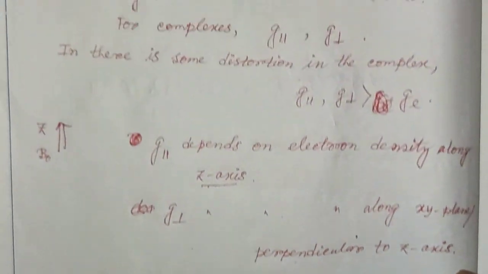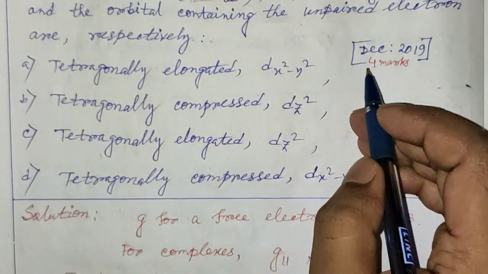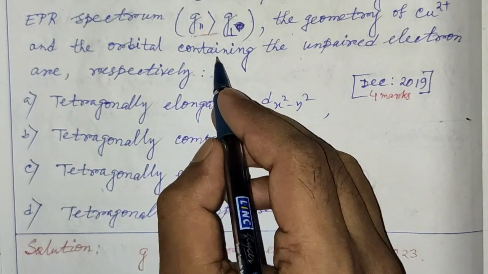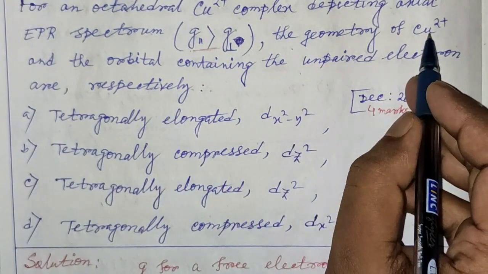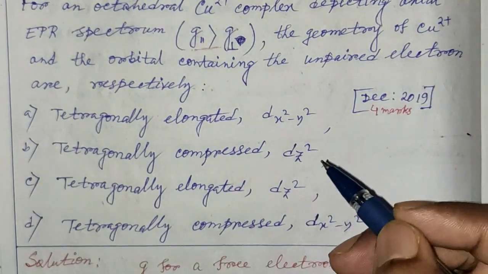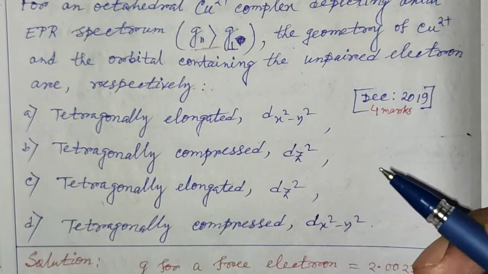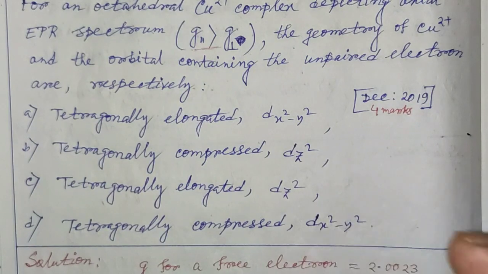From the question, we have to say in which orbital the unpaired electron stays and the geometry of copper 2 plus, that is, tetragonally elongated or tetragonally compressed.